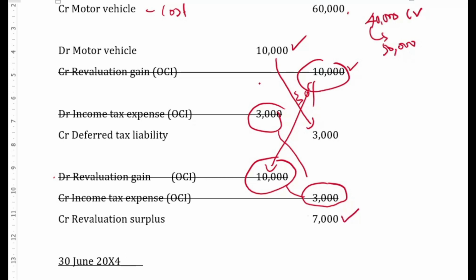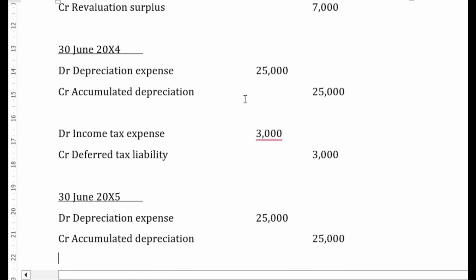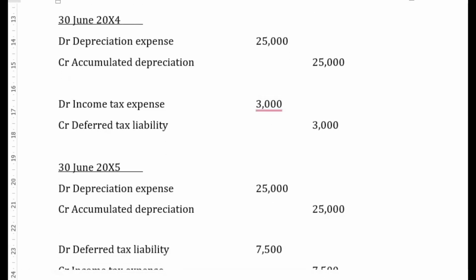So effectively what we have is debit motor vehicle of 10,000, credit deferred tax liability 3,000, and credit revaluation surplus 7,000. At the end of the year, there is depreciation expense of 25,000 on the revised asset value of 50,000 over the remaining useful life of 2 years, and accumulated depreciation 25,000.